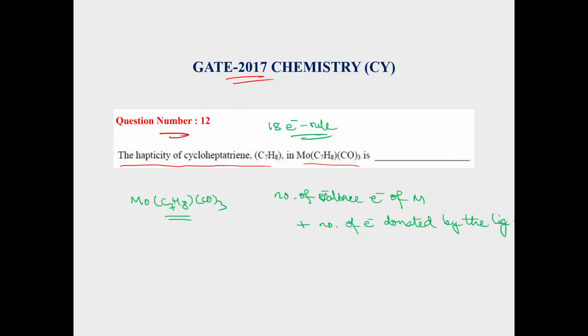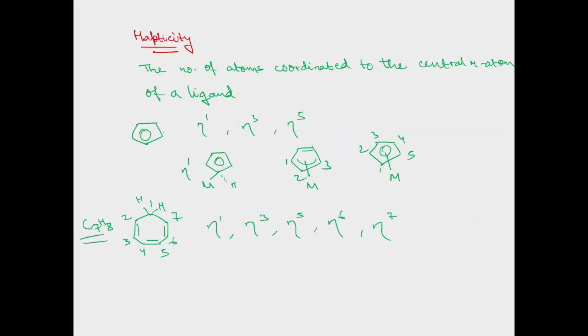ligands. Okay. So here one more thing. If the hapticity is 1, then this ligand is donating only 1 electron to the metal. If it's 3, it's donating 3 electrons. If it's 5, it is donating 5. And same for this. So eta 1, this hapticity also indicates how many electrons are being donated from that ligand to the metal center.